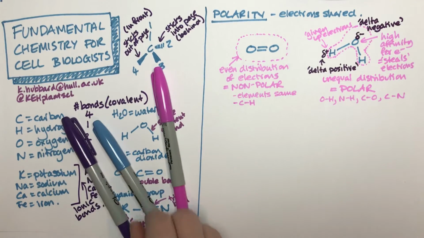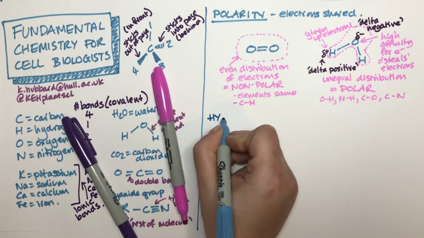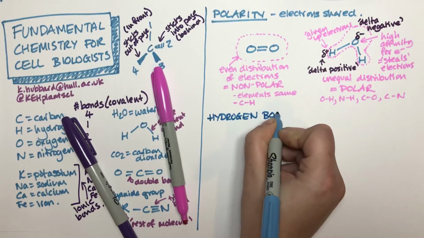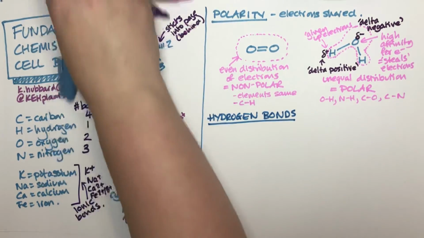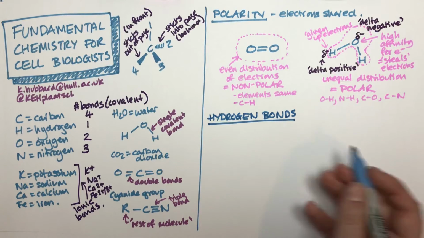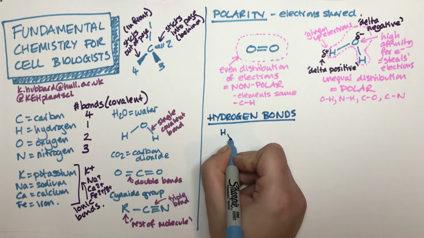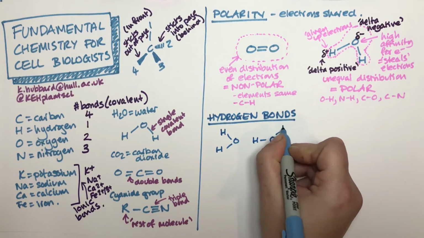And that has quite an important implication for biological systems, because it gives rise to hydrogen bonds. And these are really important in terms of understanding biological systems. So if I think about two water molecules, I've now got two water molecules next to each other.